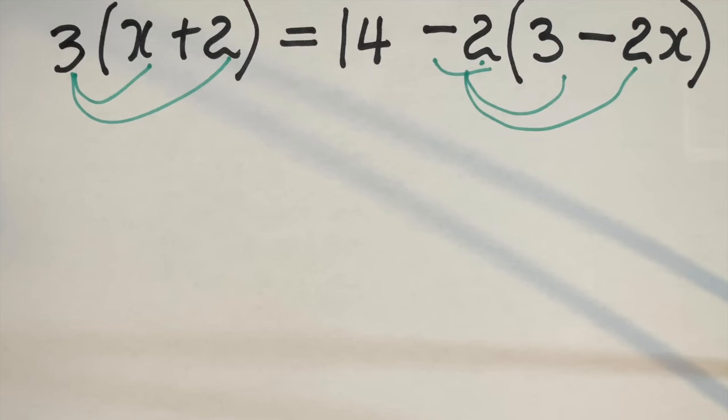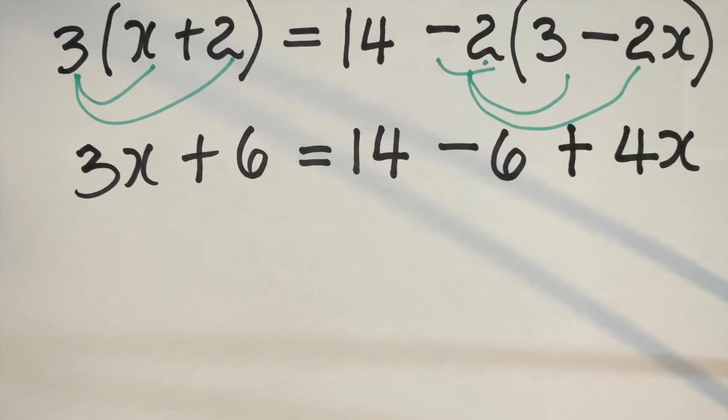We carry down the 14, and we multiply negative 2 by 3 minus negative 2x. So negative 2 times 3 is negative 6, and negative 2 times negative 2x is positive 4x. A negative multiplied by a negative equals a positive.